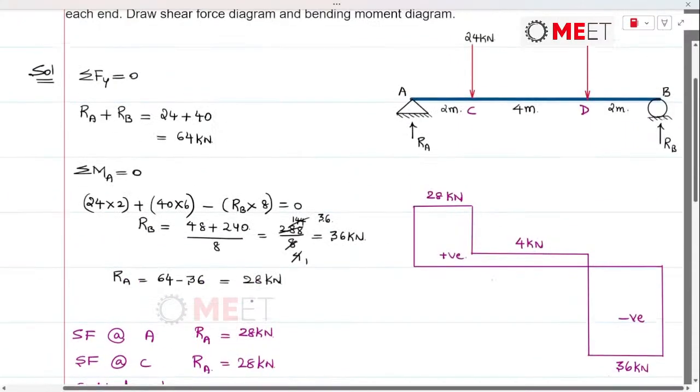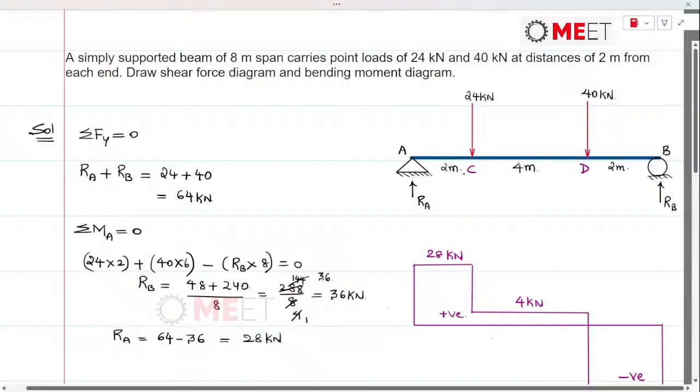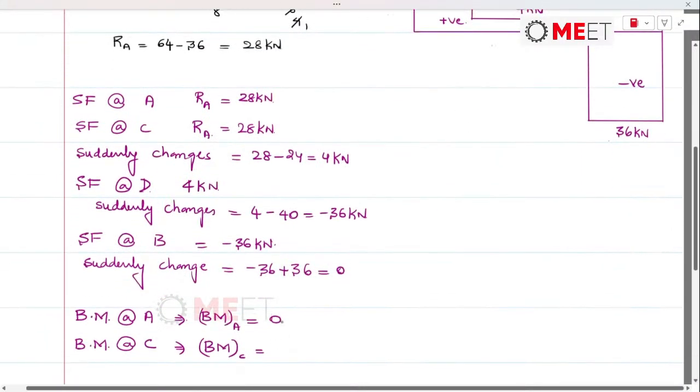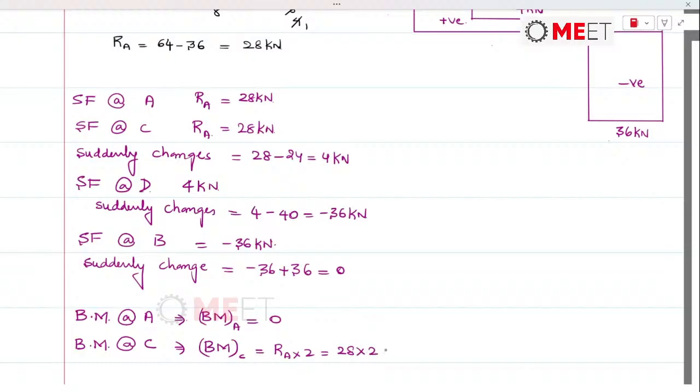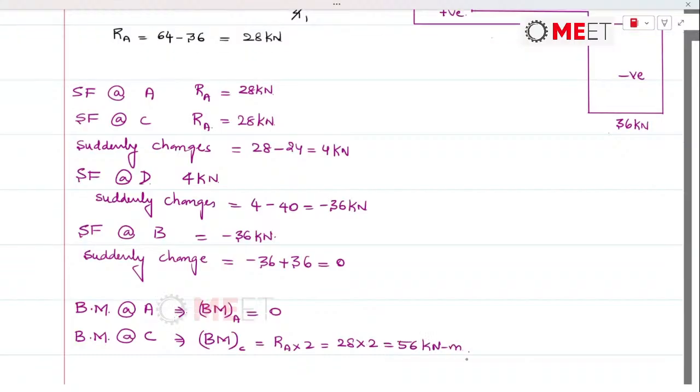So bending moment at C will be RA into the distance between RA up till C, it's 2 meters. So RA into 2, RA is 28 into 2, that is 56 kilonewton meter.